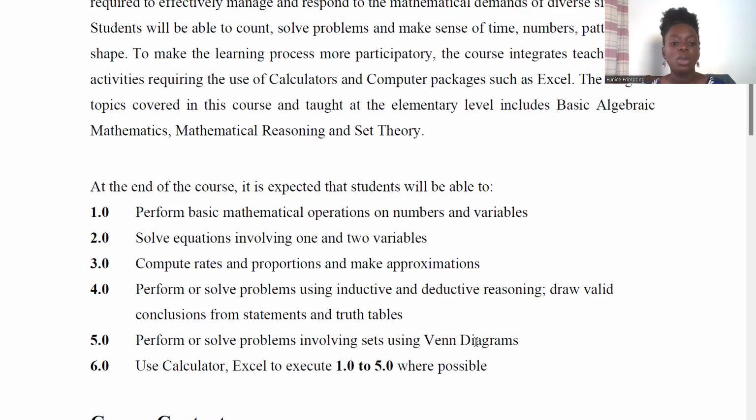And in part 5, we will solve problems involving sets using Venn diagrams. And in part 6, this will run through all the first 5 parts. We will use calculator or Excel to apply to any of the previous 5 sections where necessary and possible.